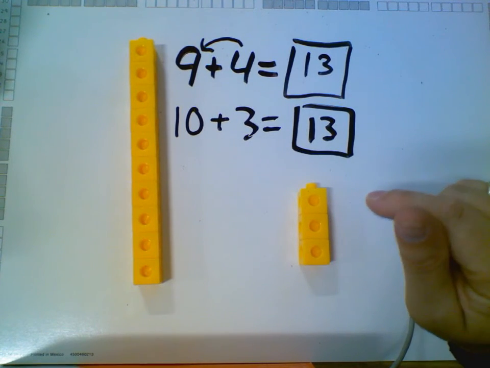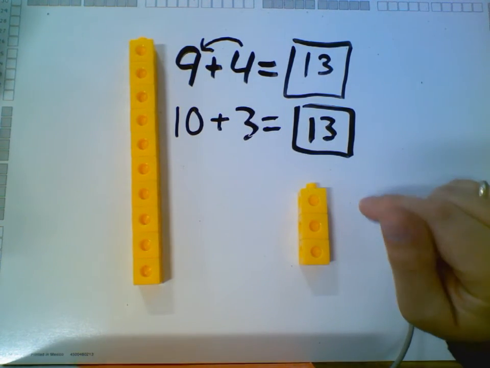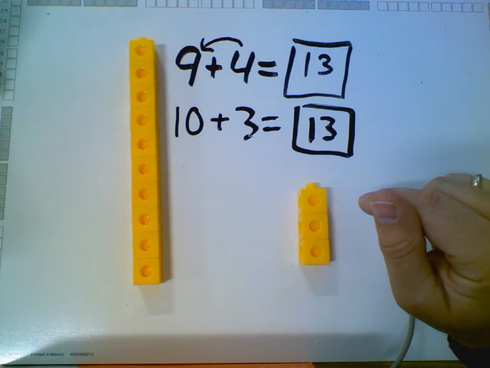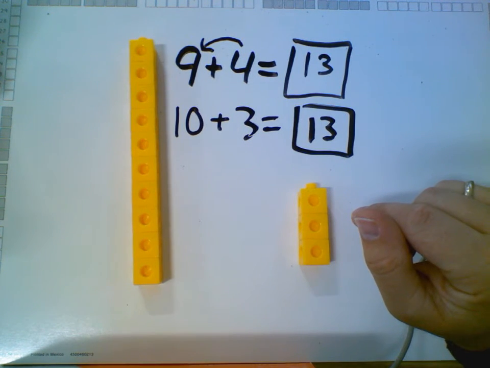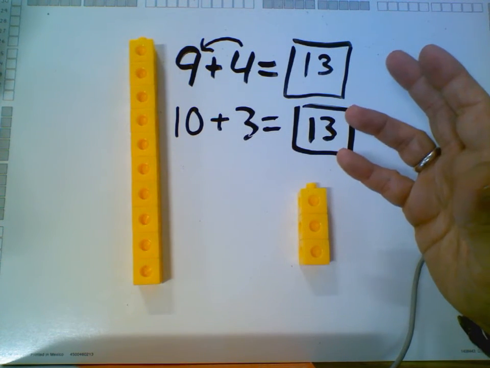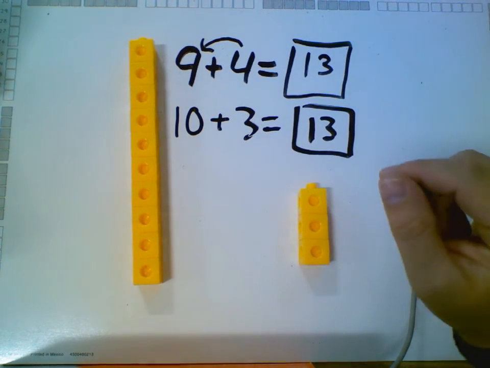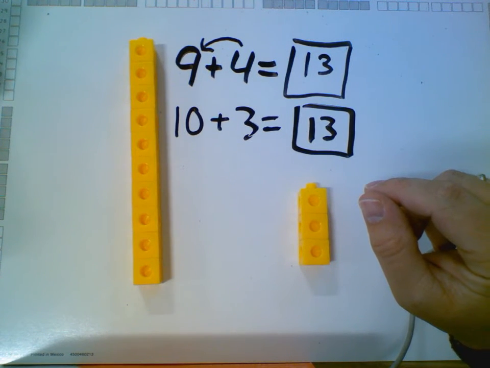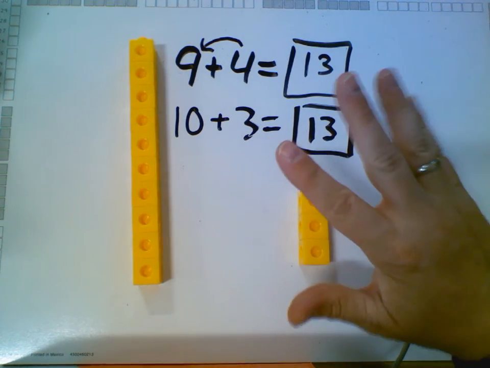Our goal is to understand how math works so that no matter what strategy someone uses in the future, we'll be able to figure it out because we understand how the math works rather than just putting it together or using an algorithm or borrowing or carrying or whatever we learned back in school.